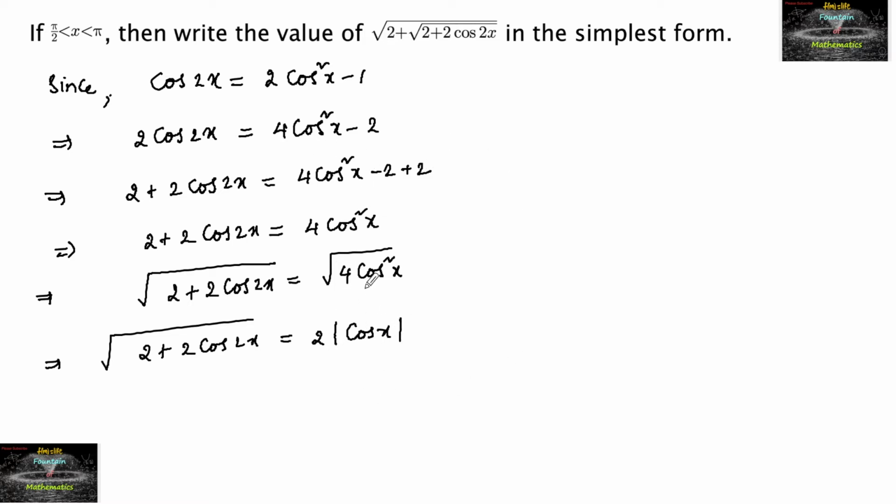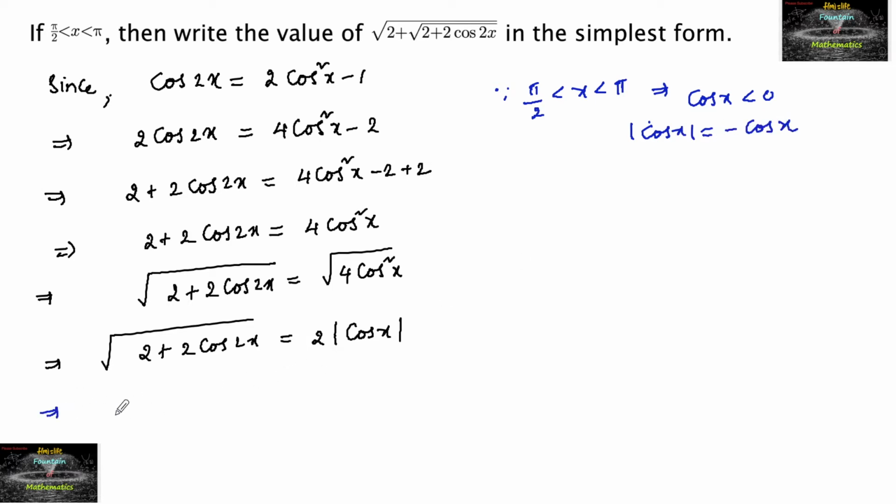Square root of 4 is 2 and square root of cos square x we can write as mod cos x, and since x lies between pi by 2 and pi, that is second quadrant, we can say cos x is negative. In second quadrant cos x is negative, and hence mod of cos x will be taken as minus cos x.